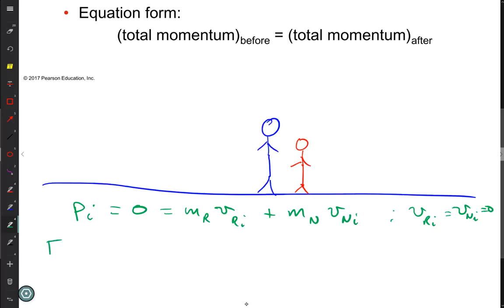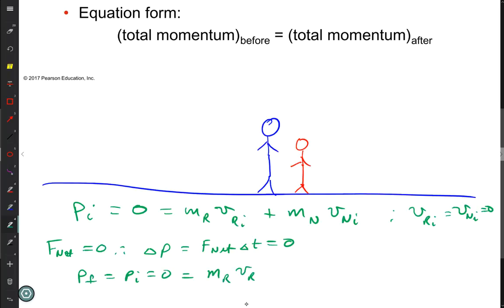So force net equals 0. Therefore, change in momentum equals force net delta t equals 0. So momentum final has to equal momentum initial equals 0. But that's equal to the mass of Richard times velocity of Richard final, plus mass of Naoko times velocity of Naoko final.